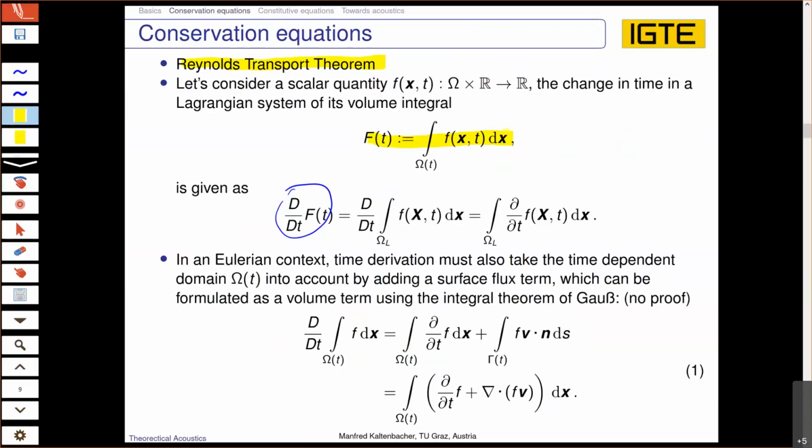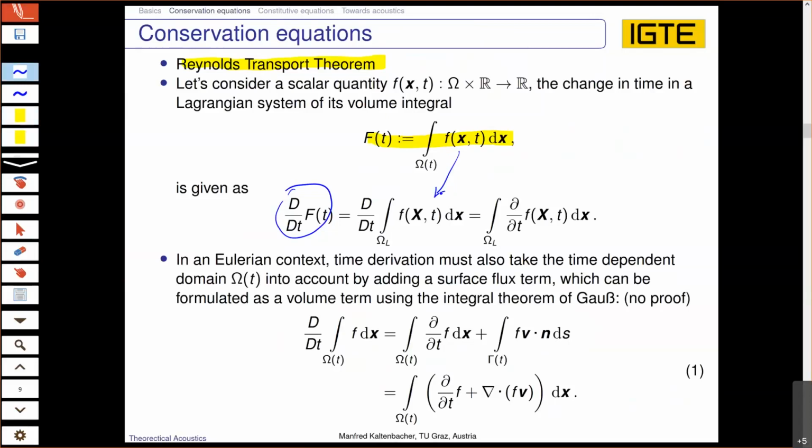And you see, we can substitute this definition simply here, integrate over this total quantity, and then take this derivative, this substantial derivative.